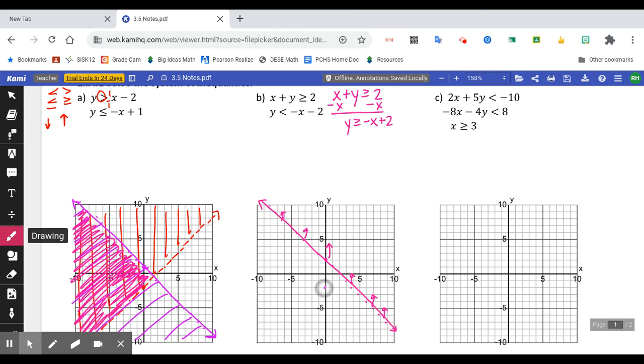We're starting at -2. My slope is -1 over 1. Okay, I have a dashed line this time.